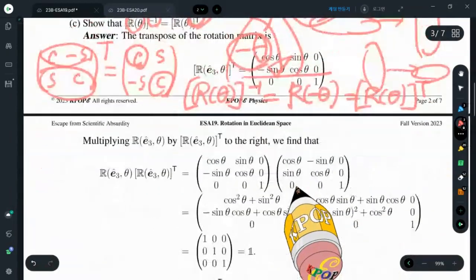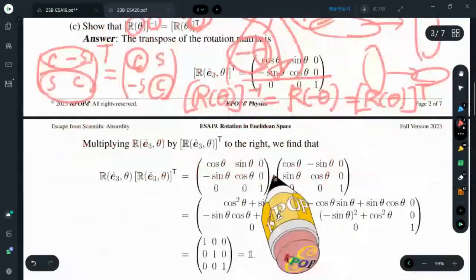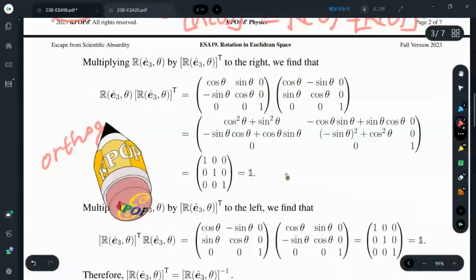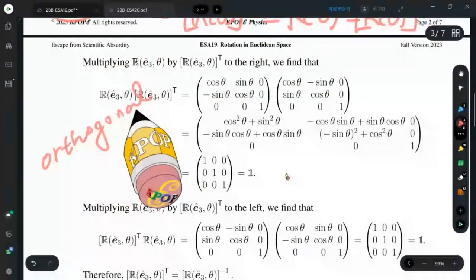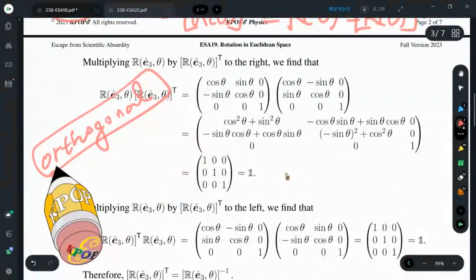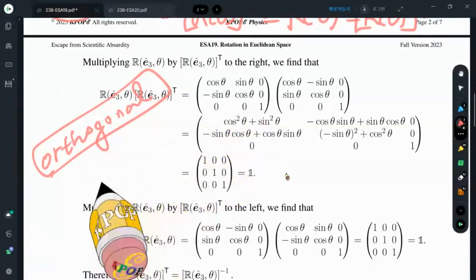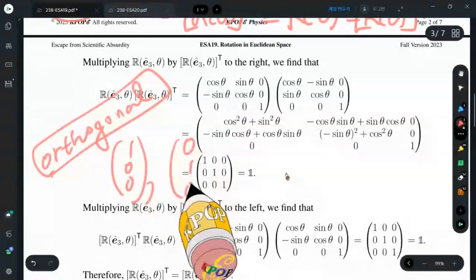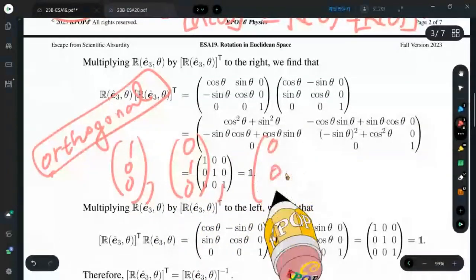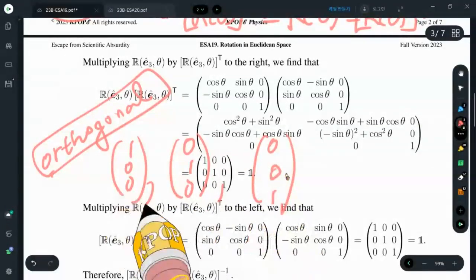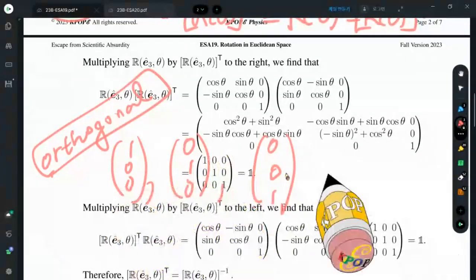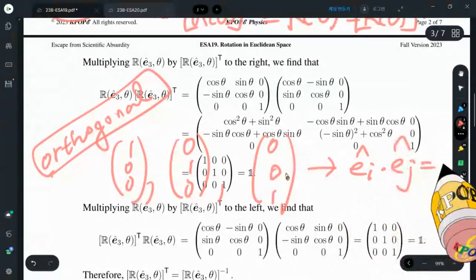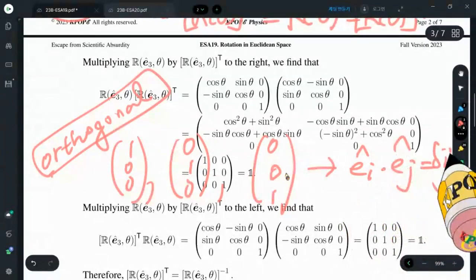usually it is this kind of matrix, called orthogonal in mathematical words. In physics, it is very simple to say rotation. What you have done with the rotation is just to rotate the unit vectors. What happens if you rotate these unit vectors? They used to satisfy ei dot ej equals delta ij.